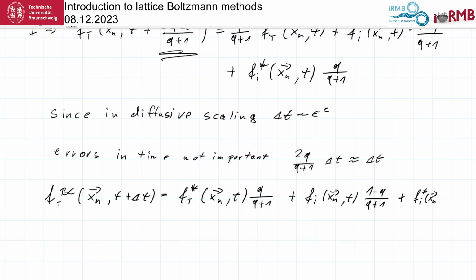So it's all the same xn, it's all the same time, q divided by q plus 1. So now this is the one-point boundary condition that allows you to place your boundary any place in between the nodes. So you're not restricted to Cartesian boundary conditions in the Lattice-Boltzmann method anymore, and this only uses local information in space and time.